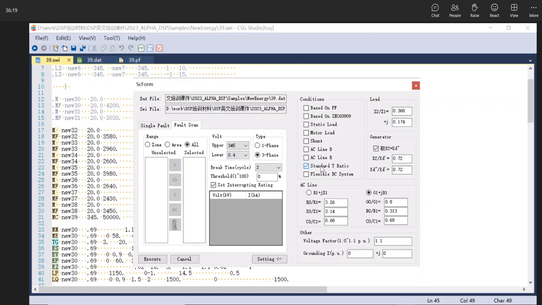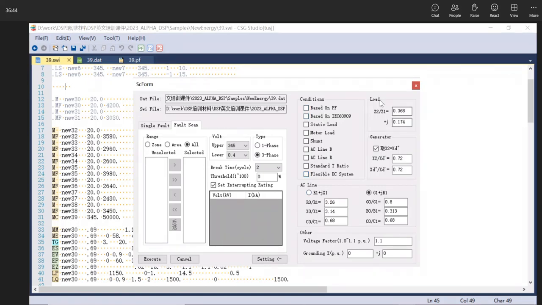If not, it's 1-to-1. It's an ideal condition. And the flexible DC system. As we know, the DC system will output some active or reactive current. If you select this, it means you consider the current the DC system provided.